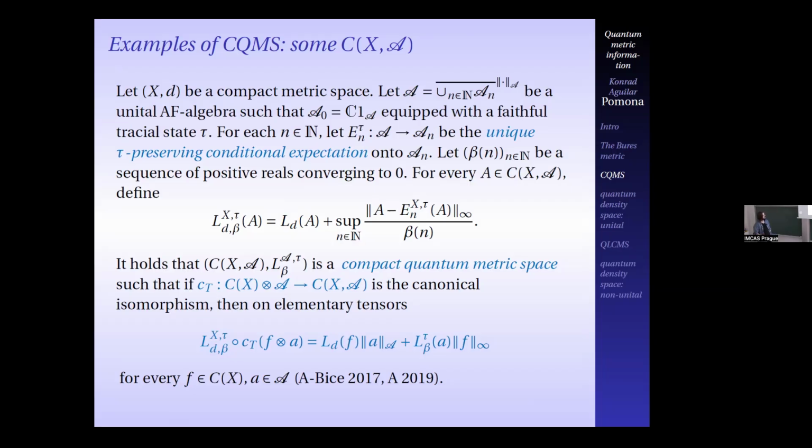So that was a nice result to say this construction is natural in some sense. It gives you the Lipschitz, the quantum metric structure, times the norm of A, plus again the quantum metric structure times the norm of the other element. This is also related to some work with Tristan as well. And we'll revisit this example. All these examples I'm presenting, we'll see them come back later.